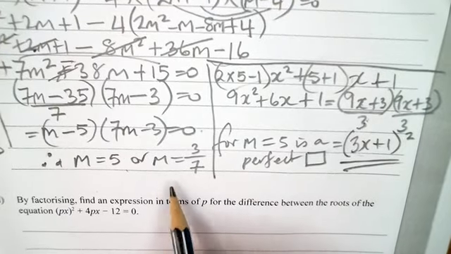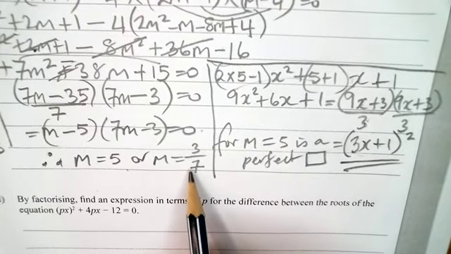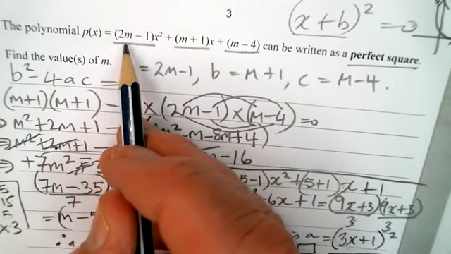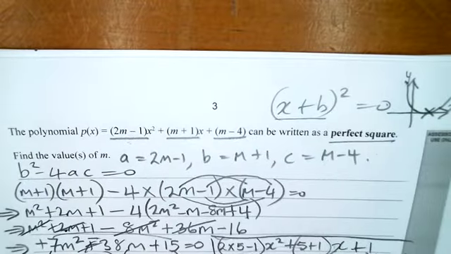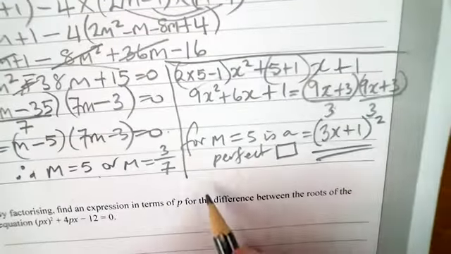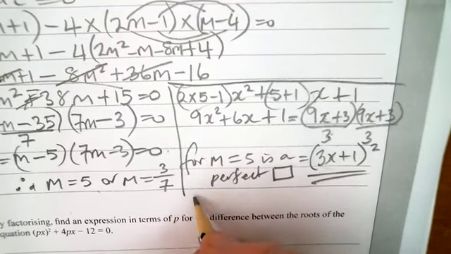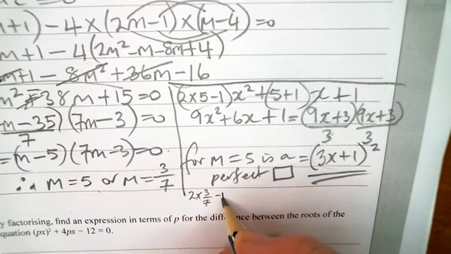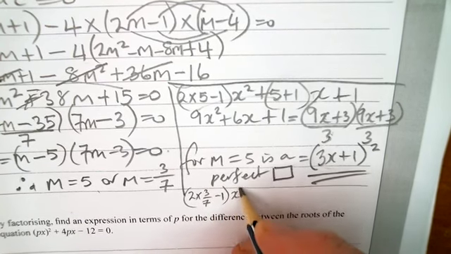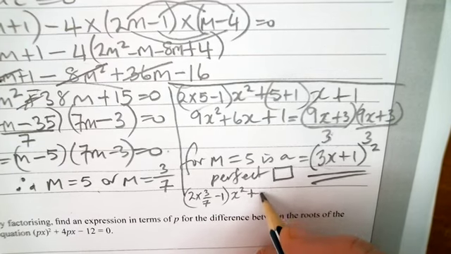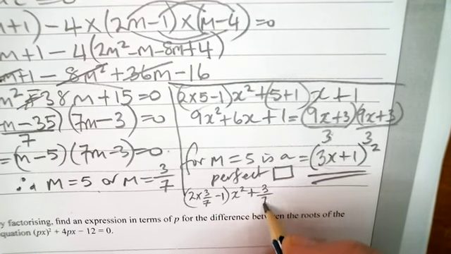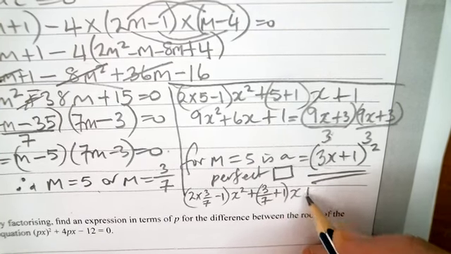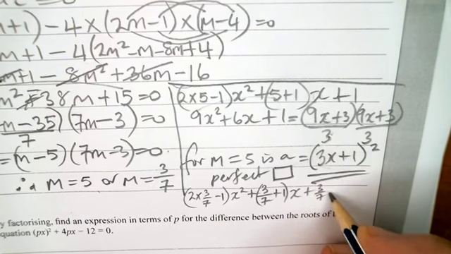Okay, what about this one over here though? 3/7. So let's have a look what that would be. In fact, I'll write it up. So I've got 2 times 3/7 minus 1 x squared plus 3/7 plus 1 x plus 3/7 plus 1.